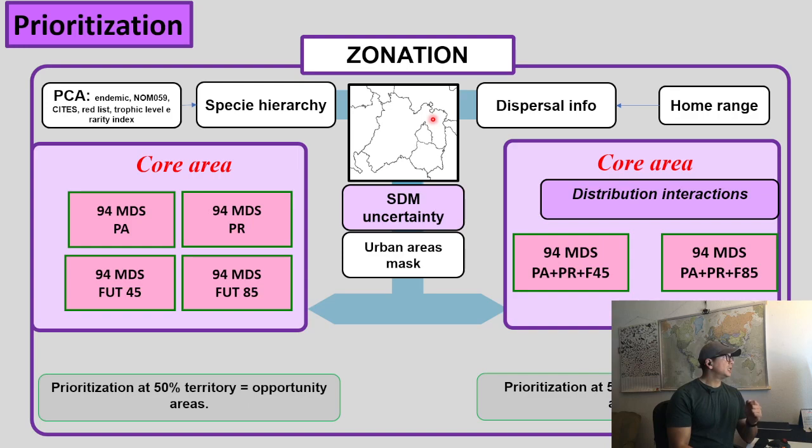Now for Zonation, we need a couple of things. This is basically the conceptual model that I use. On one hand, I needed to create a hierarchy among the species, according to the conservation status, national and international, and also the status in terms of international trade.